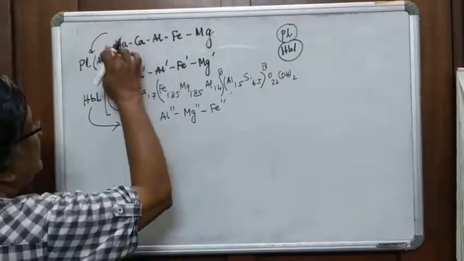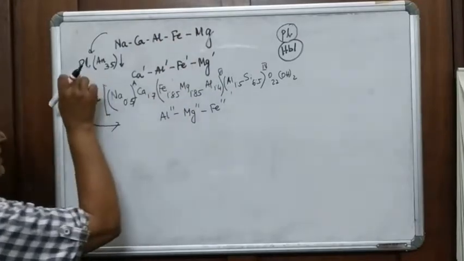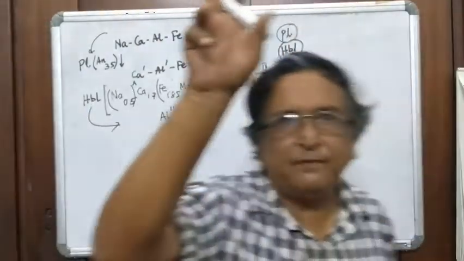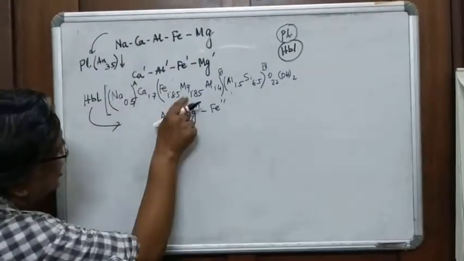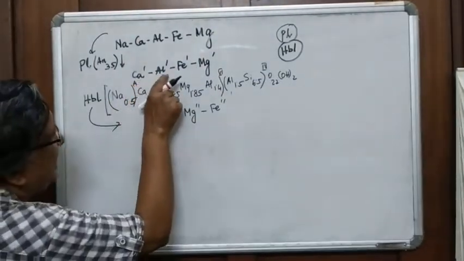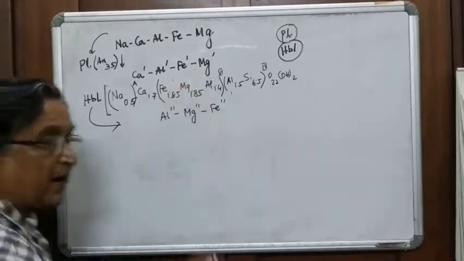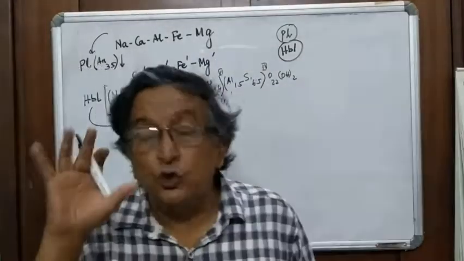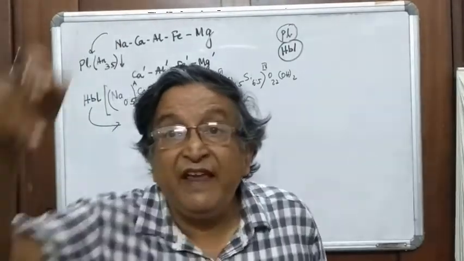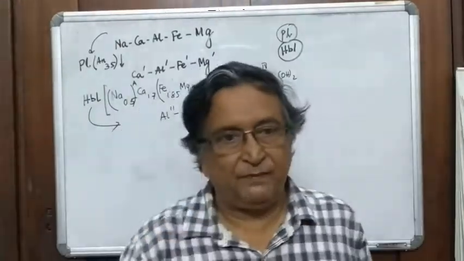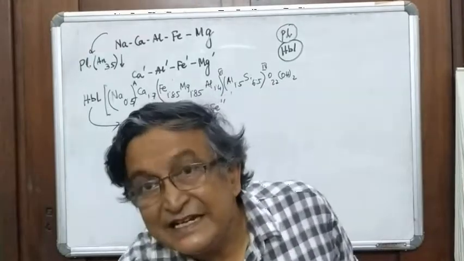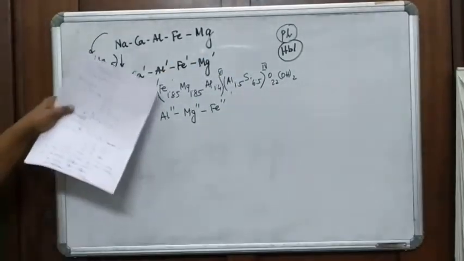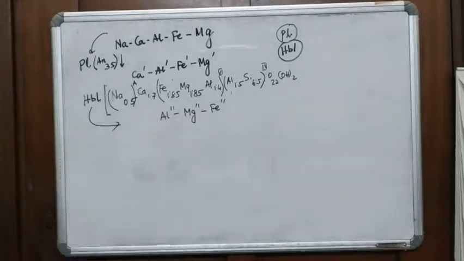So he has all minerals in these assemblages, but he takes this as a source, like the muscovite that I did for the AFM projection, and then plots it on the Ca prime, Al prime, Fe prime, Mg prime space. That is equivalent to your AFM plane of projection. But there it was a plane, here it's a tetrahedron, it's a space. And then he takes this and does this on a plane.